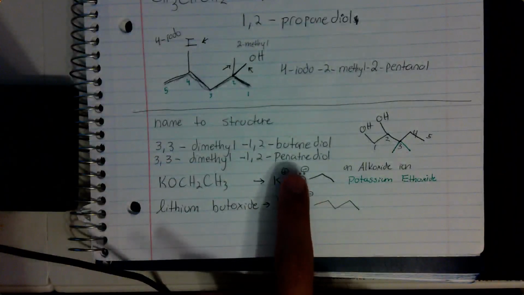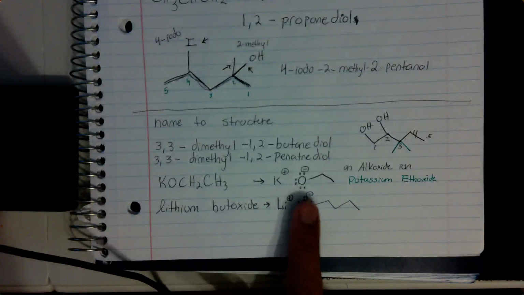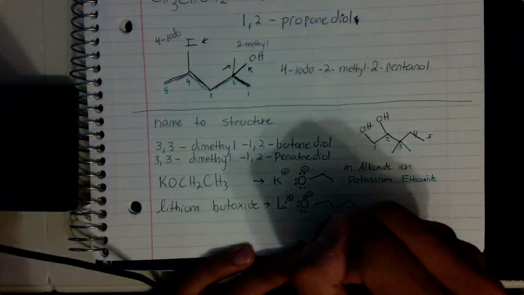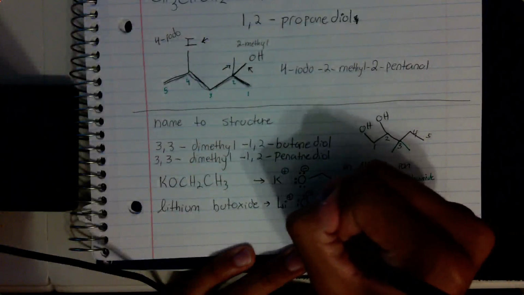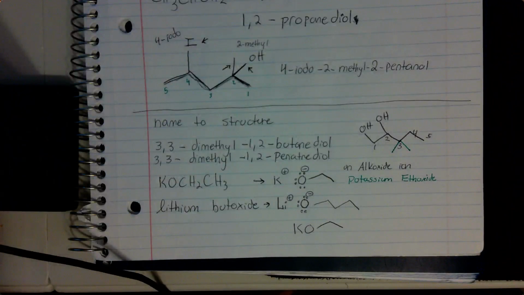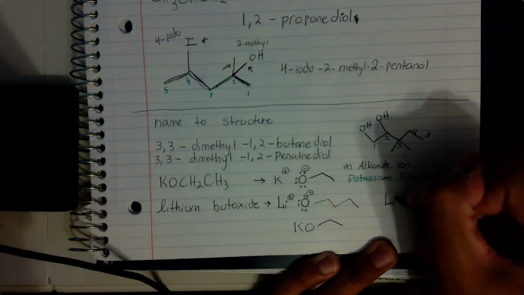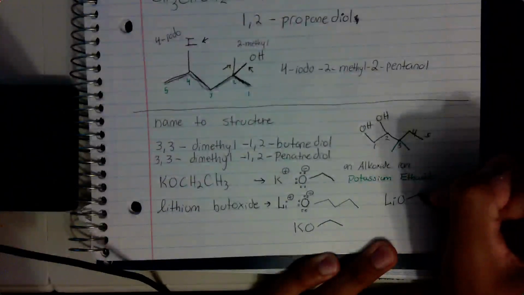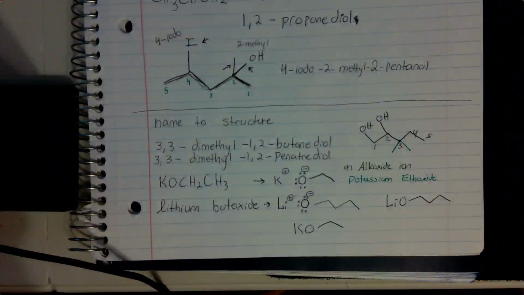Okay. You can also show both of these compounds in general as so. You could also show them as KO, just like that. And you could show that lithium one as LiO, just like so.